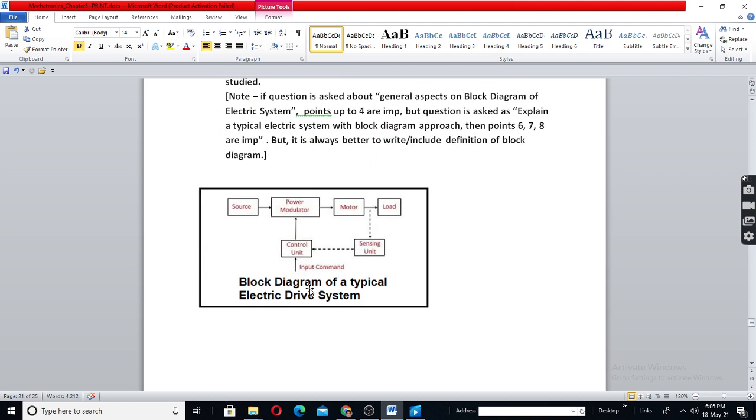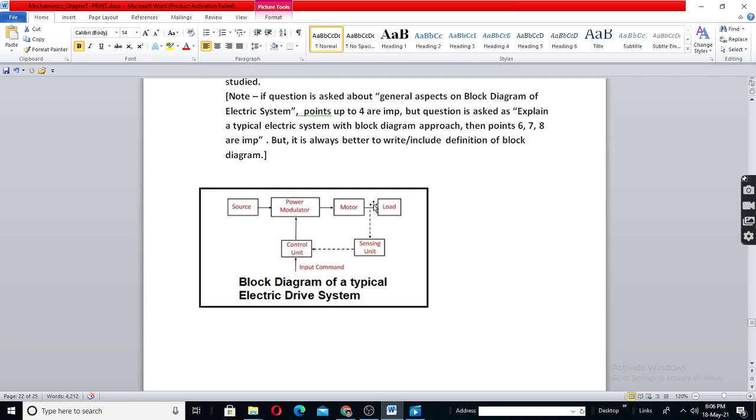A simple one we have taken here: the power modulator. You control the power, which can be done just by a rheostat or a step down transformer or a PWM control, by anything. That is given to the motor, which is coupled to the load.